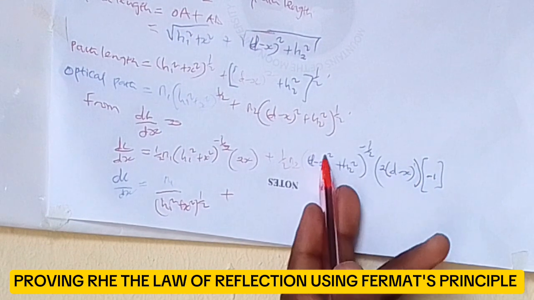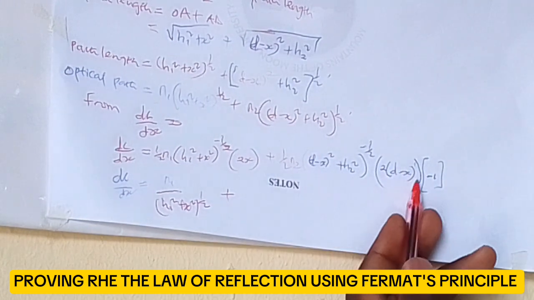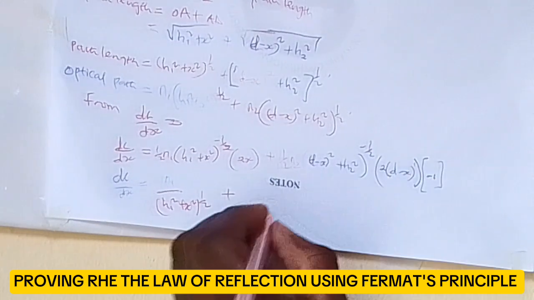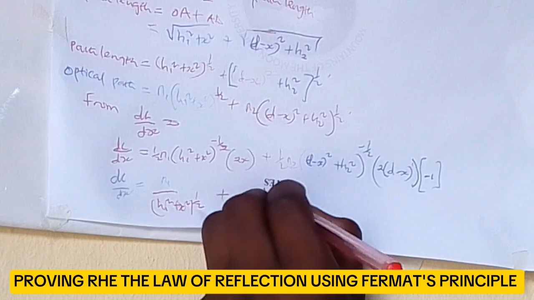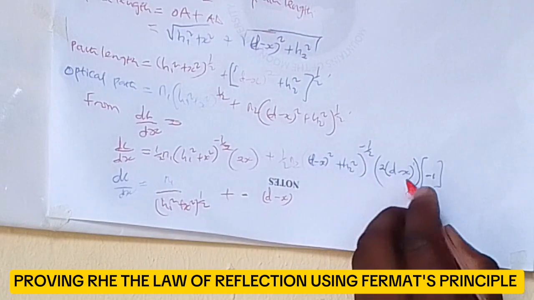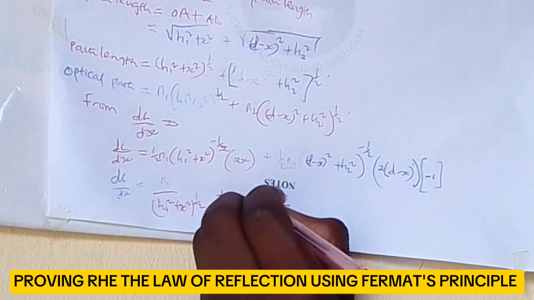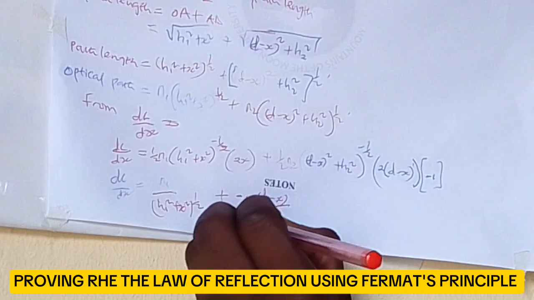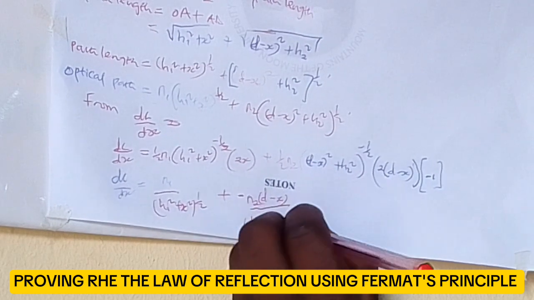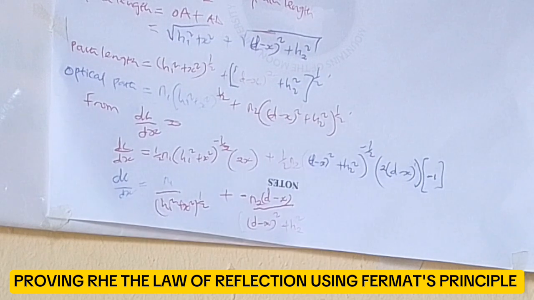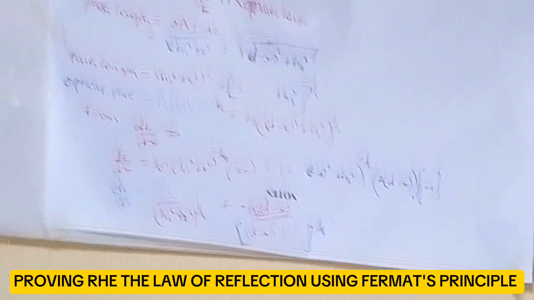When you drop this one, this 2 will go with this, and we shall remain with negative d minus x, divided by, I'm dropping this expression, remember here we have n2, so divide by d minus x squared plus h2 squared. The whole of this is to the power half.